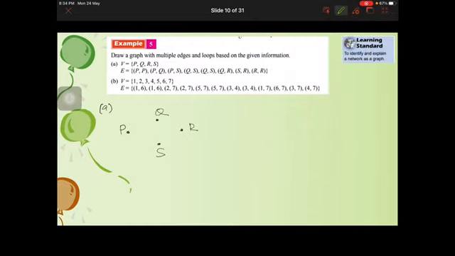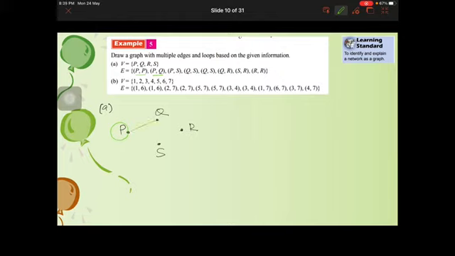So a loop. Okay, like a circle. And then, okay, PP is a loop. Then PQ, no repetition, that means no multiple edges from P to Q, or Q to P, it's the same thing. So PQ is a straight line.